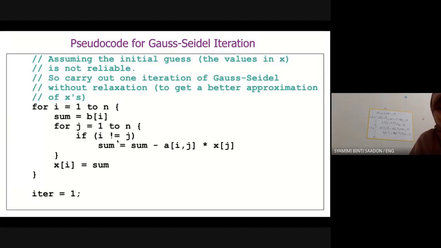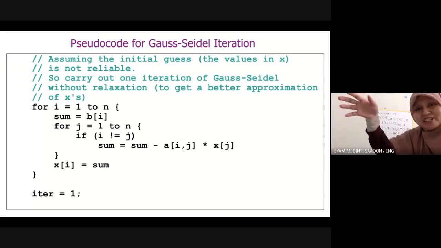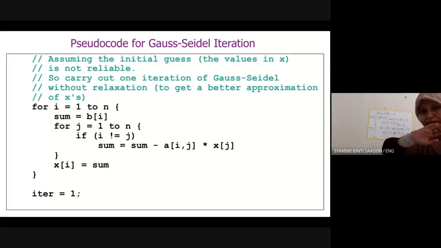So if j3, then j is different than i, then we can proceed with this process. So again, sum is equal to this sum. When you go to the second or the third round, the next round, this sum is the previous sum. It's no longer the initial sum that we have. Okay, that's why we need to understand how the computer program reads your equation.